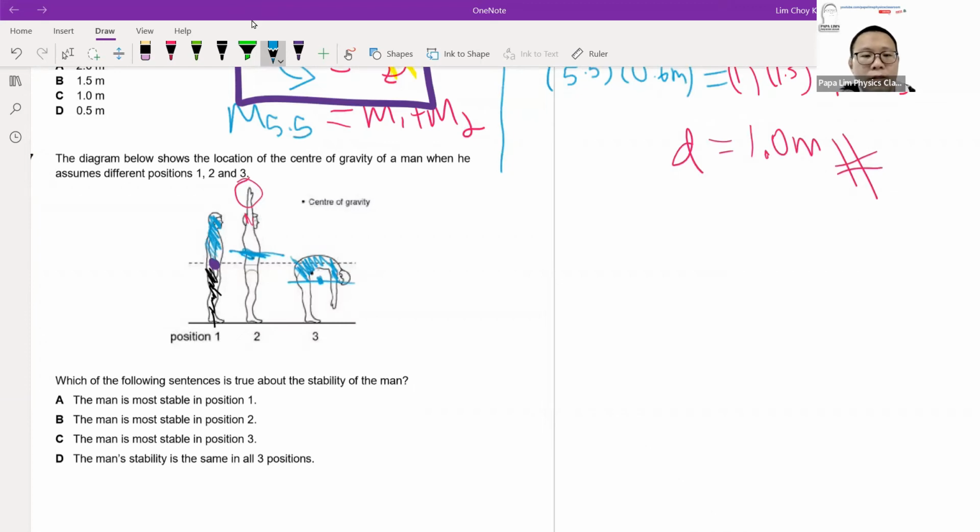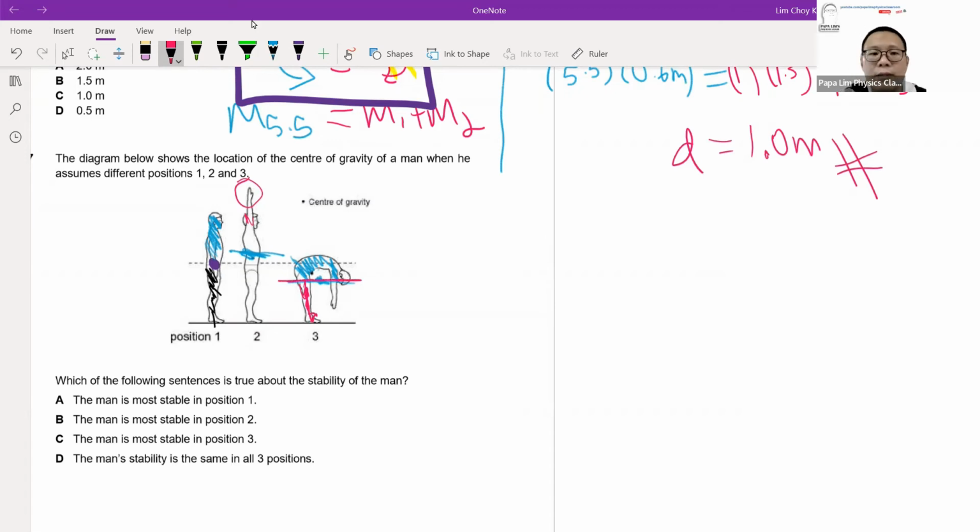The distribution of mass is equivalent to the center of gravity at this position, which means the top side of the body is balanced by the bottom side of the body. That's why we can identify the CG to be along this line.